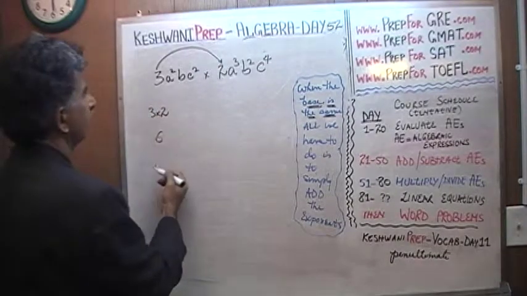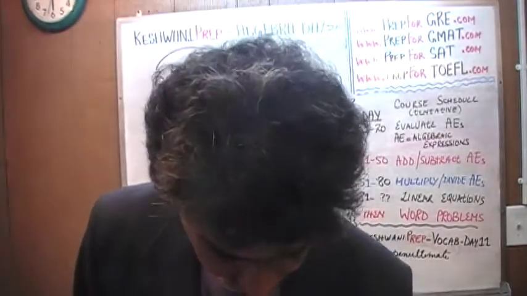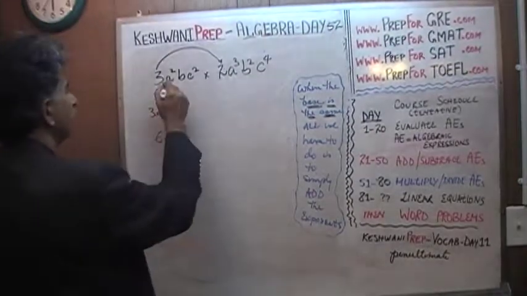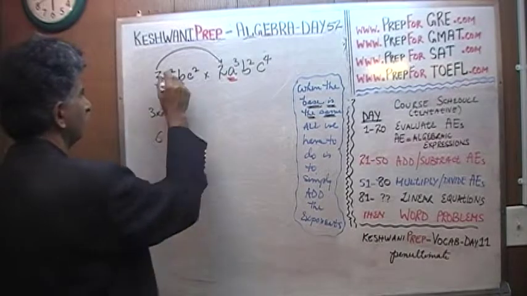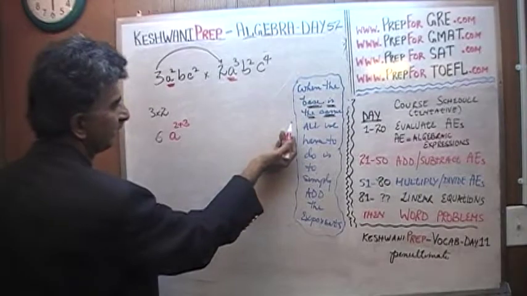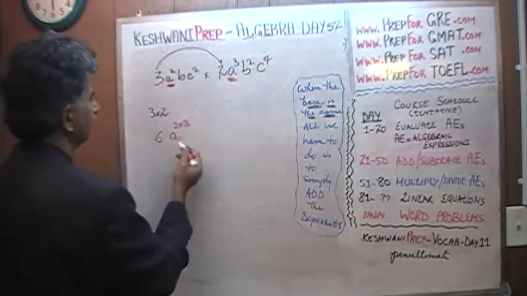That was the easy part. Then we have a cubed and a squared, which is a raised to 2 plus 3. Because this is a and this is a, since the base is the same, all we have to do is simply add up the exponents, 2 and 3.